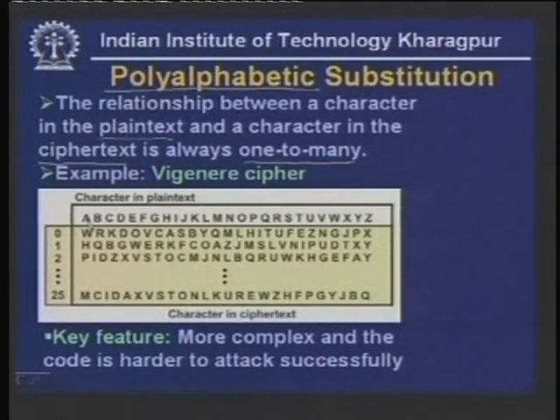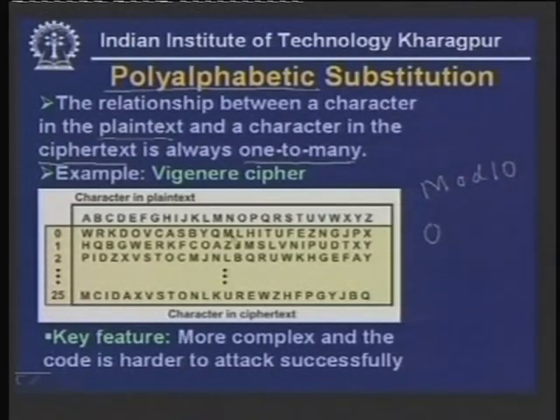On the other hand, if A appears in the second row, it is replaced by H, or if it appears in the third row, it is replaced by P. It can also be represented mathematically. Suppose you perform a mod operation on the number. Let us assume mod 10, then the first character, say A, is 0 mod 10.